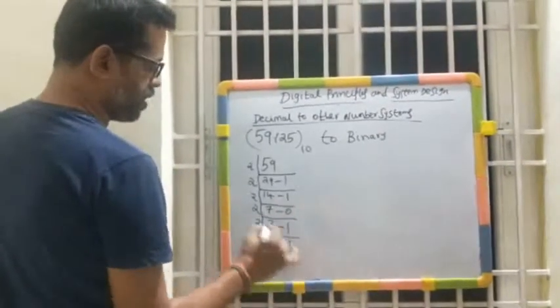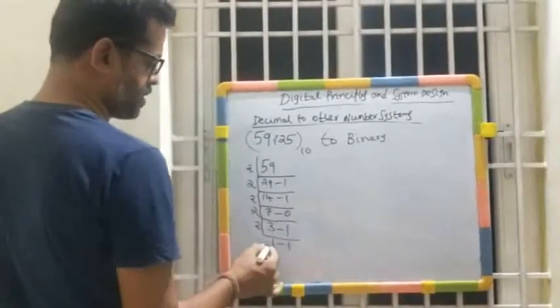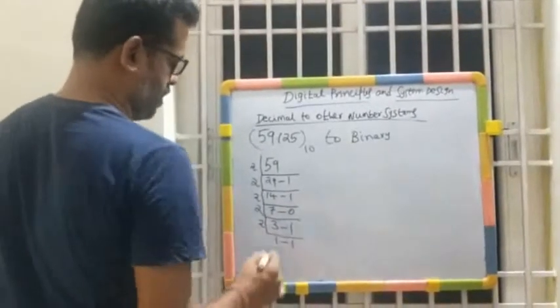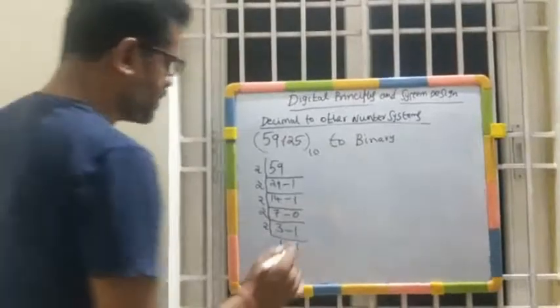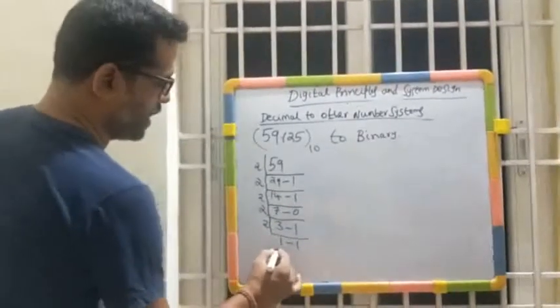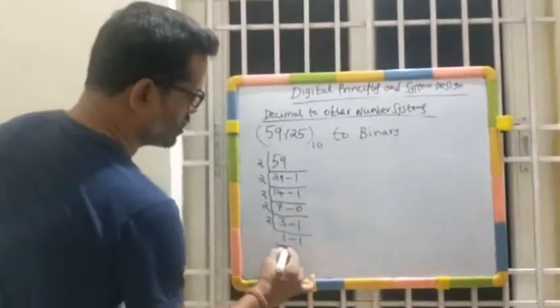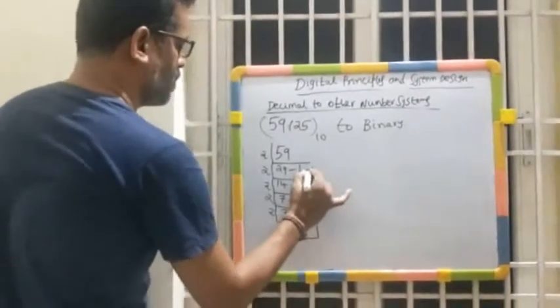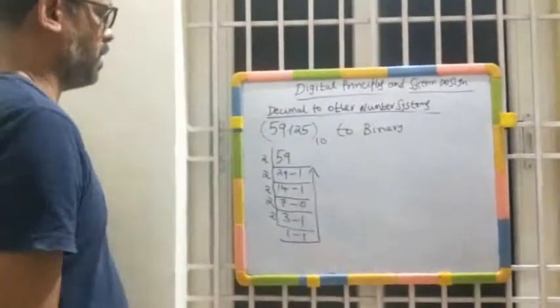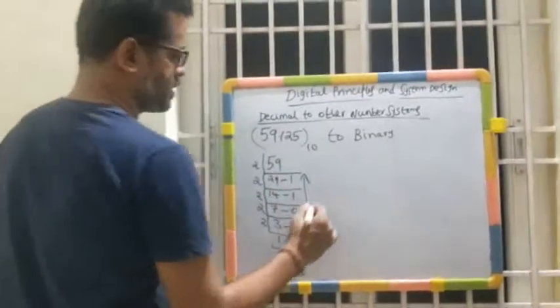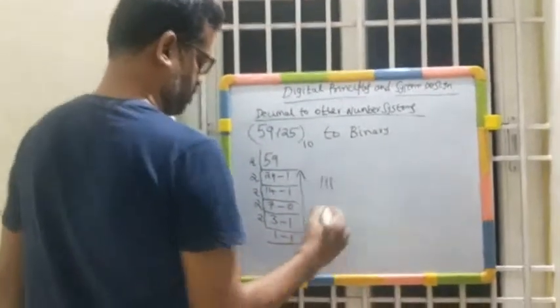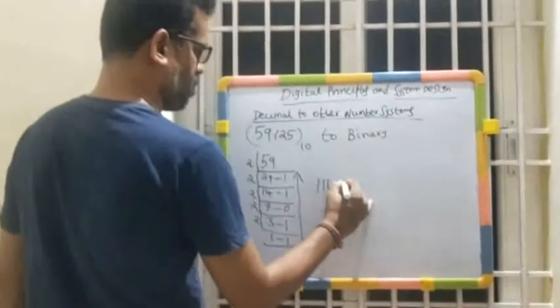Further we cannot proceed with the division since we have got the quotient as 1. Now we need to write the values in this order. So the binary equivalent of 59 is 111011. Is it clear?